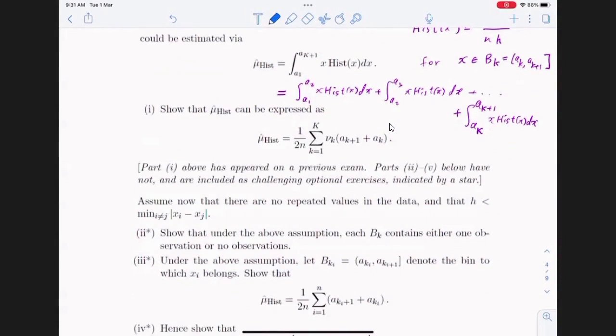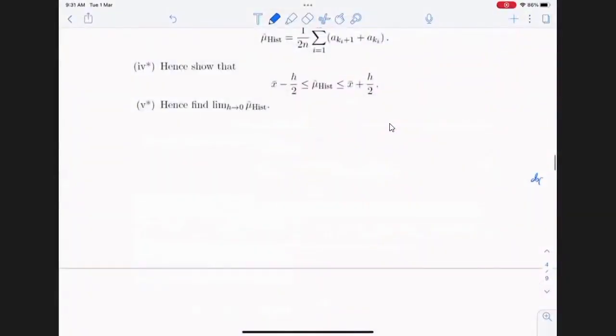Integrating the expression from a1 to a(K plus 1), we can do it separately, integrating from a1 to a2, and then the integral from a2 to a3, and so on. So we can write this integral.